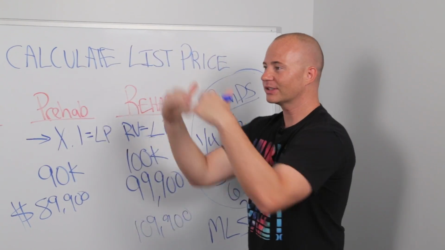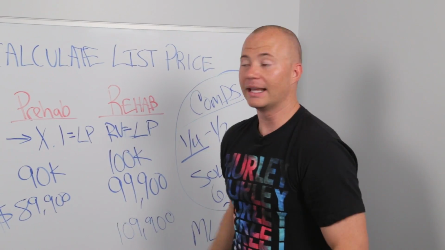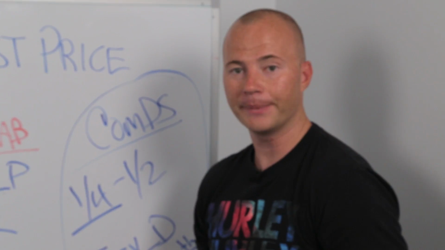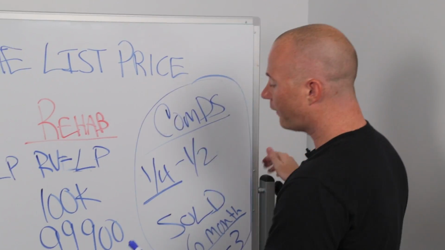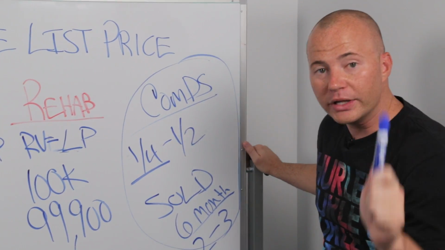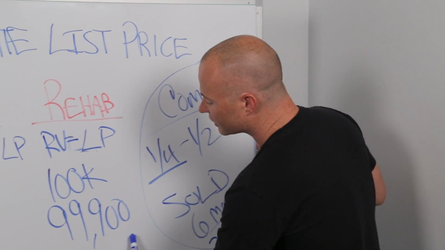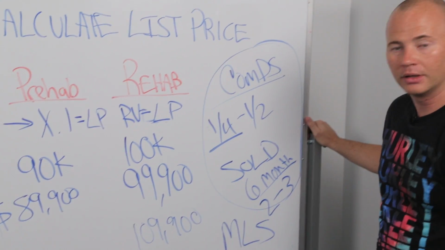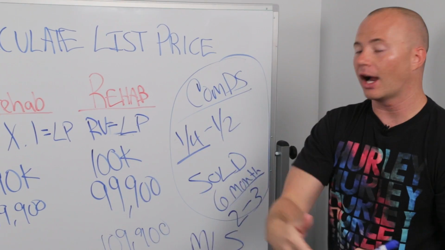your mind just says, well, I'll just let them come in and take it down off the list price. That's where your mind thinks. However, what you don't know is that when you do that, you miss so many different buyers, and you literally chop them out of the equation.